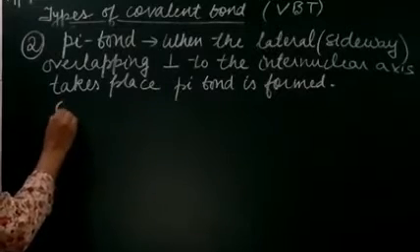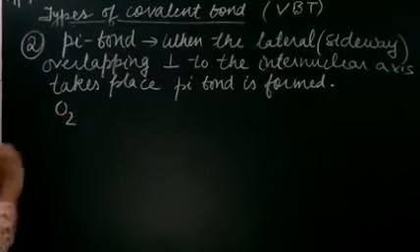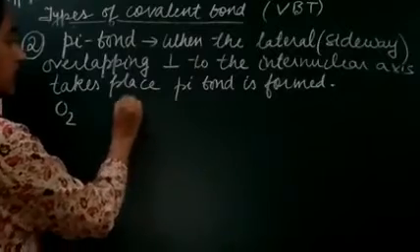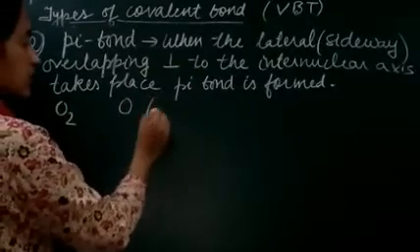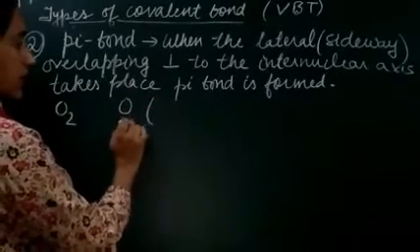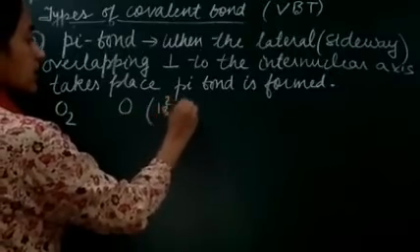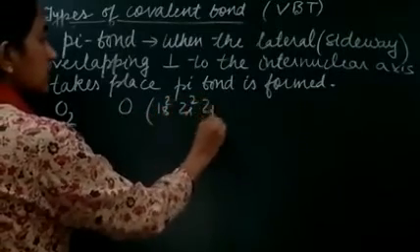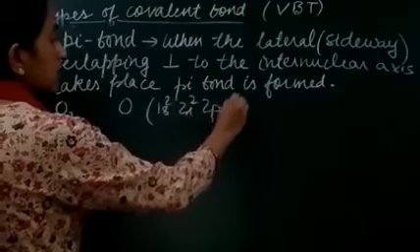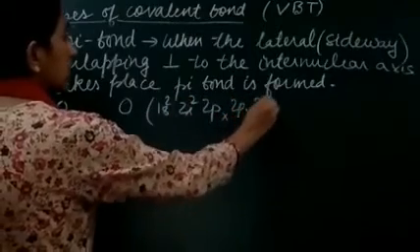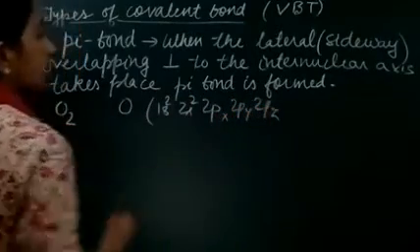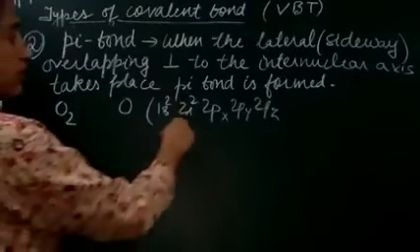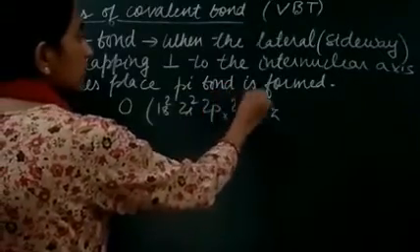Now let us see the oxygen molecule. For that, we need two oxygen atoms, and the atomic number is Z equals 8. So its configuration will be 1s2, 2s2, and 2p4, so it is 1, 2, 3 and 4.